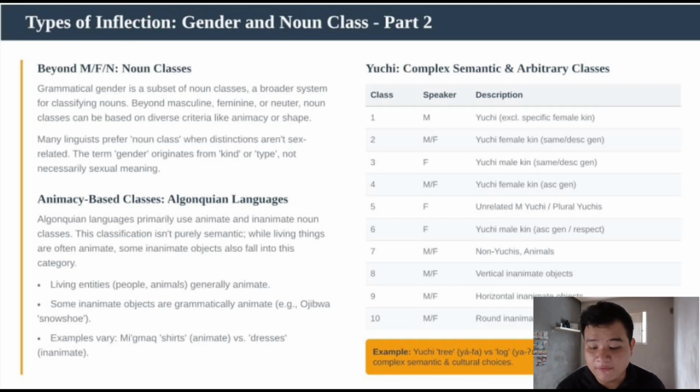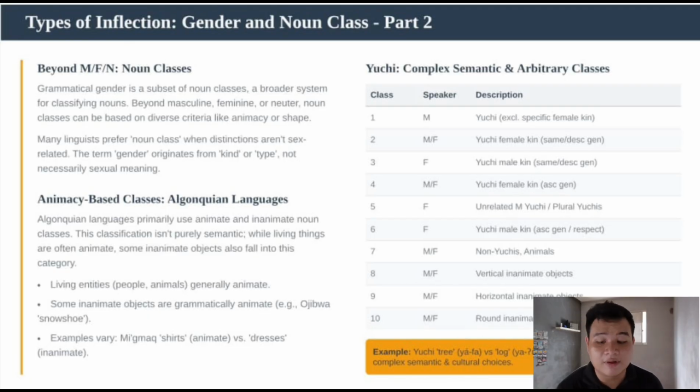So, for example, some classes are specifically for male or female kin or kind. Some are for respected individuals. Others are for vertical, horizontal, or round inanimate objects.